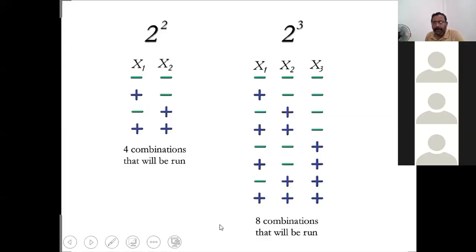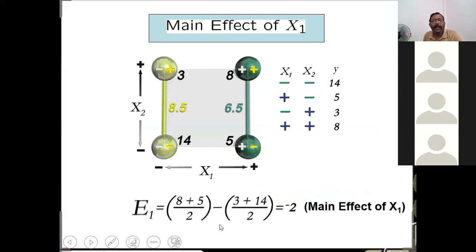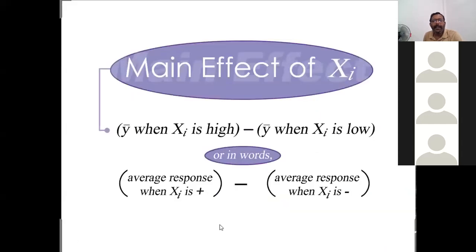Now I'm going to talk a little about these effects. Suppose I have only 2 factors. When I come to the example, I will go for 2 factors. As I pointed out, we go for evaluation of main effects.